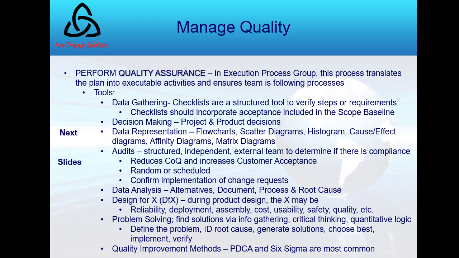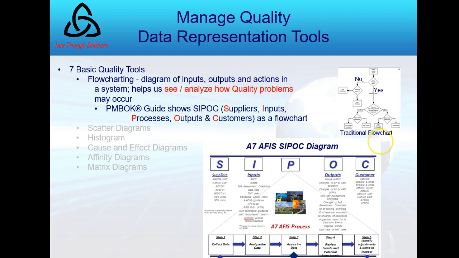Okay. Notice the bottom, quality improvements, PDCA, that was plan, do, check, act. That was Deming's approach to quality. And Six Sigma. Six Sigma is about lean processing. It's a methodology to develop lean or streamlined processes that don't change the scope. Okay. All right, let's move on then.